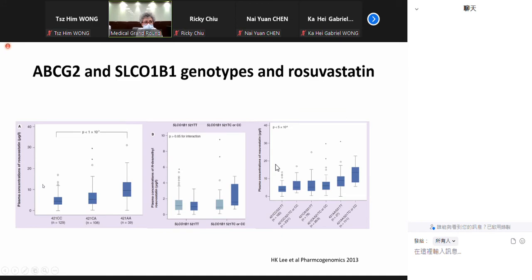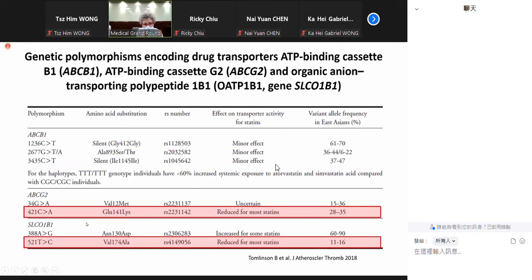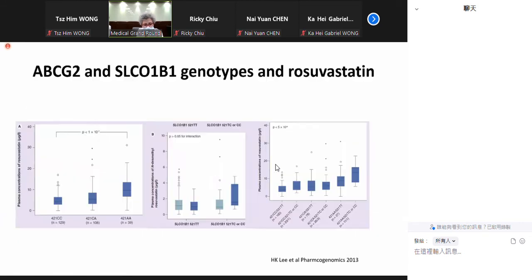So for the ABCG2 gene, for these SNPs, you could see that people who got the 421AA, the drug level of the rosuvastatin is nearly double that of the other CC genotype.